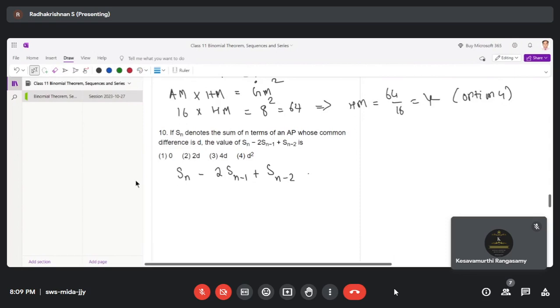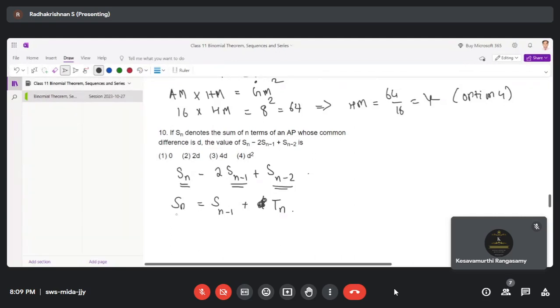Okay. Never mind. See, what is the relation between the sum to n terms, sum to n minus 1 and sum to n minus 2? So we can see that Sn equals Sn minus 1 plus the nth term. Okay, Tn, we can write.